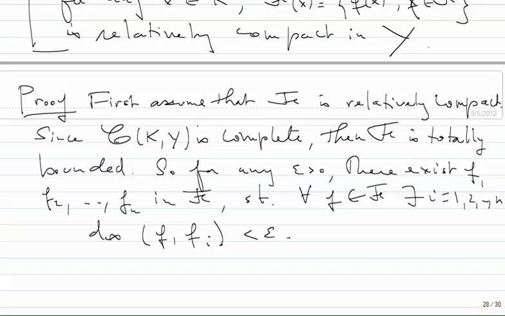Okay, so in particular for any x in K, we have rho of f of x to fi of x less than epsilon.